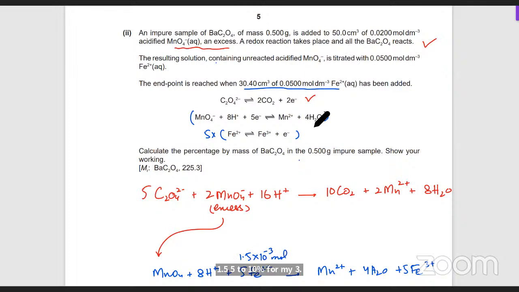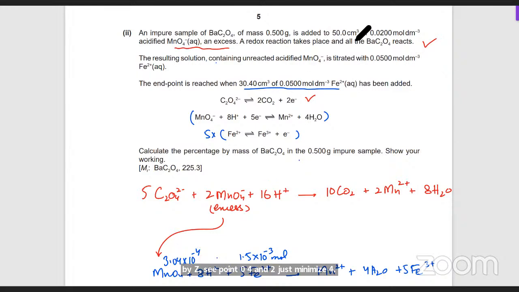So divide this by 5, and you'll find the moles of MnO4 that's left at the end of the reaction. That's 3.04 times 10 power minus 4. So these are the moles left at the end of the reaction.